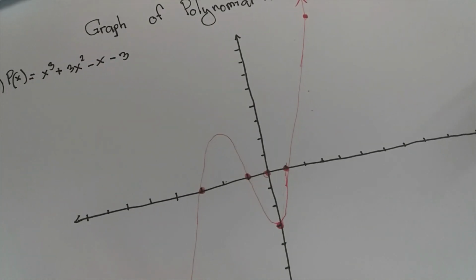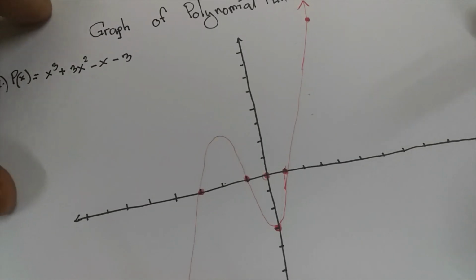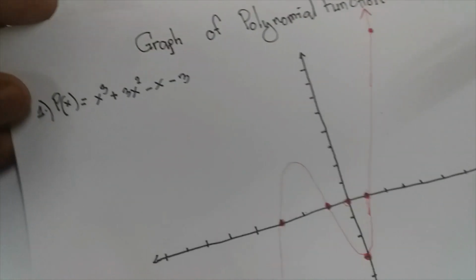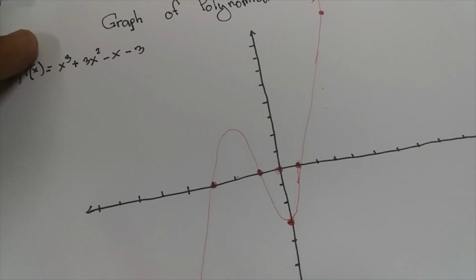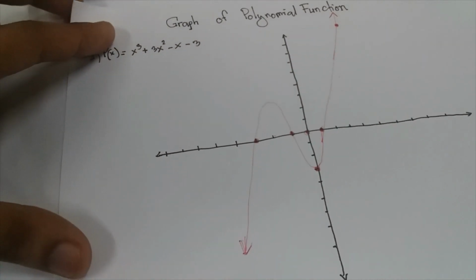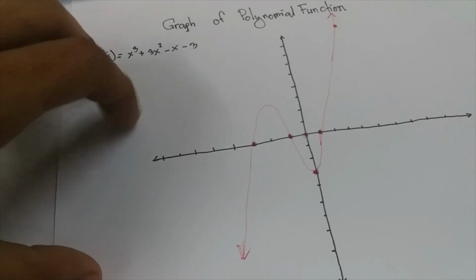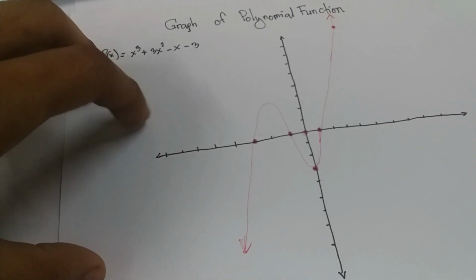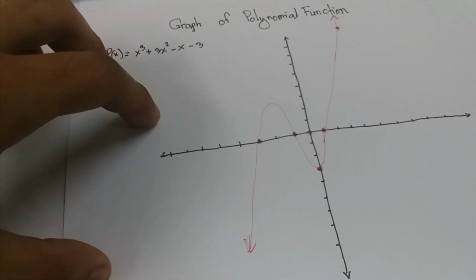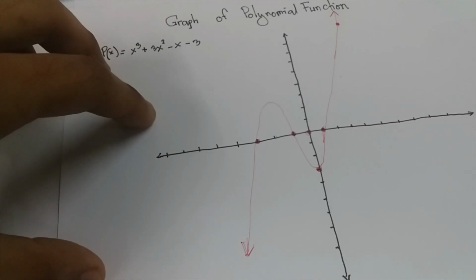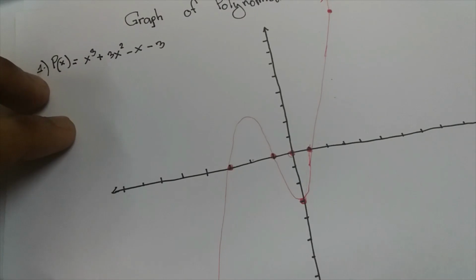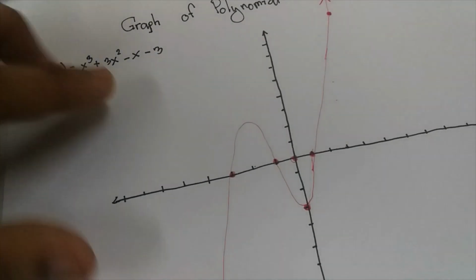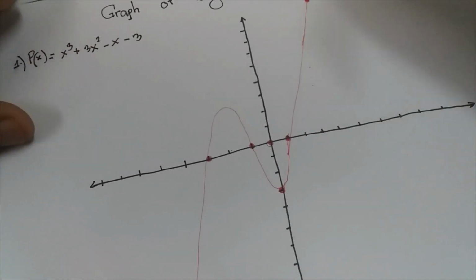If we graph this one in a calculator, the graph for example number 1 is like this one. Okay, falls to the left and rises to the right. Then we have 2 turning points. If you observe also, we have the y-intercept negative 3.